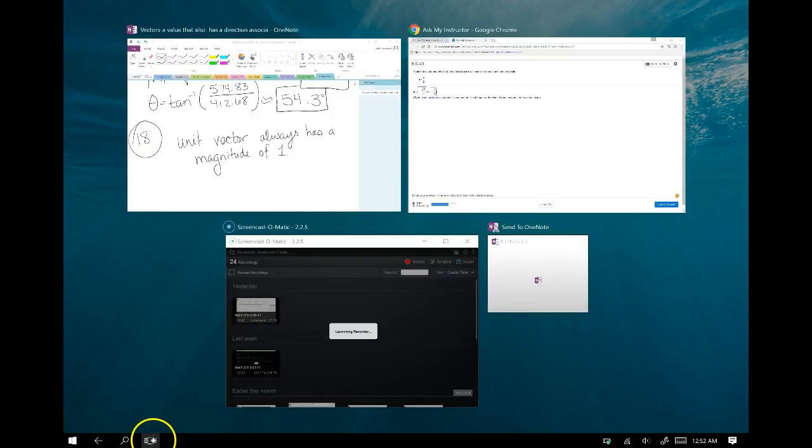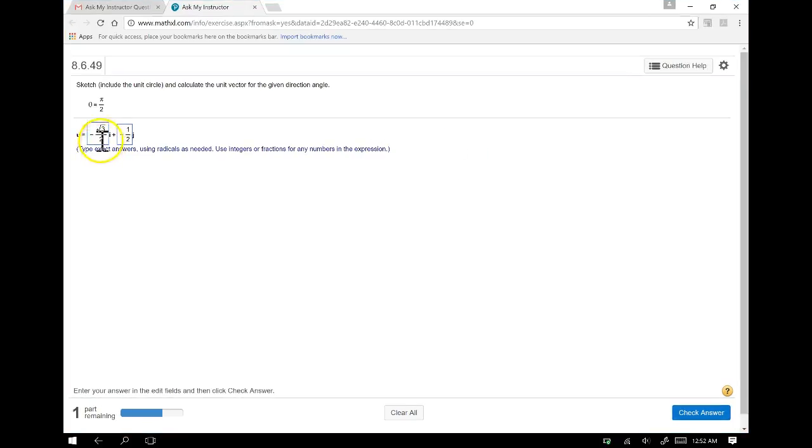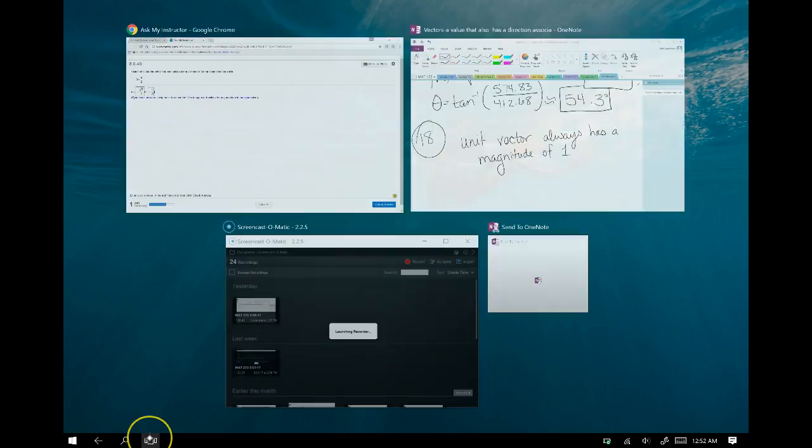The format that they're asking you to write this in is component form. This is one of the ways that you can write a vector in component form. In the first box in front of the i, you would write your x component. In the second box in front of the j, you would write your y component.